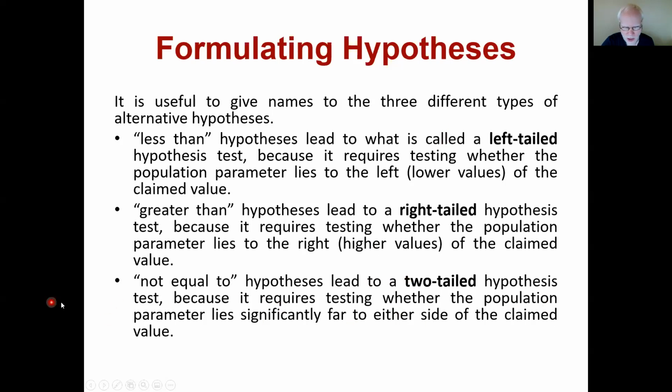It may be far that way, it may be far that way from the null hypothesis, from the claimed value, but we don't know necessarily which direction. So if we talk left-tailed, we're saying less than. If we're talking right-tailed, we mean more than. If we're saying two-tailed, we just mean far, but not necessarily any particular direction.